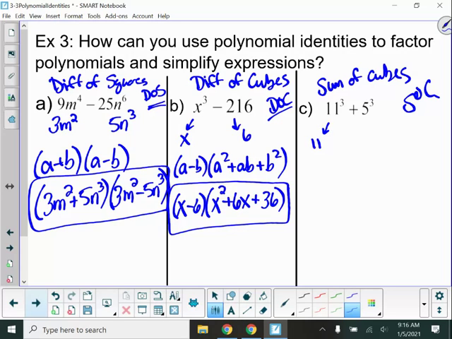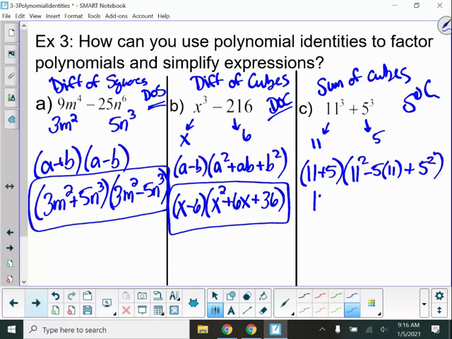So the cube root here is 11, the cube root here is 5. It's the same exact formula as I had for difference, except for the subtraction, rather than being in the little set, it's going to be first in the big set. So this is 11 plus 5, and then 11 squared minus 5 times 11 plus 5 squared.